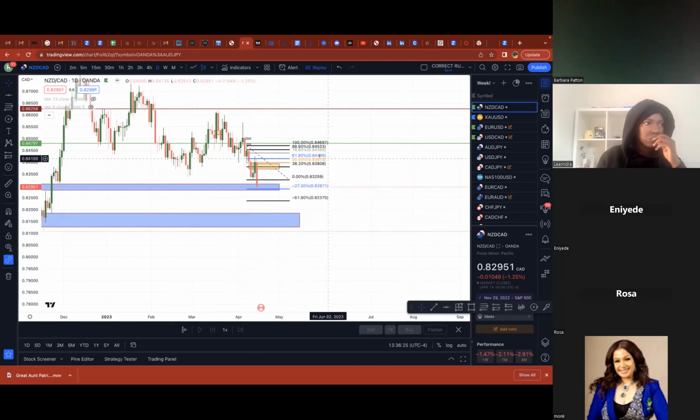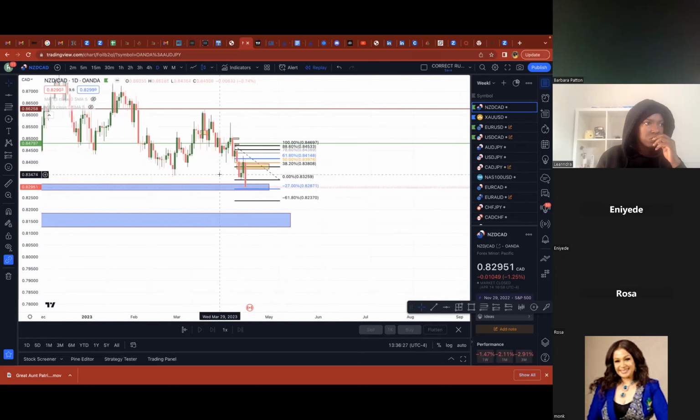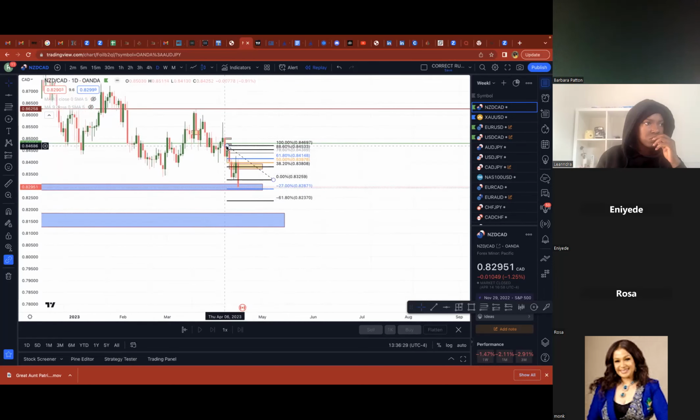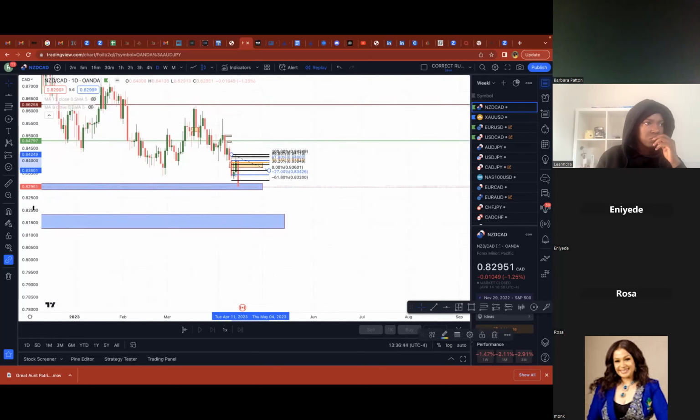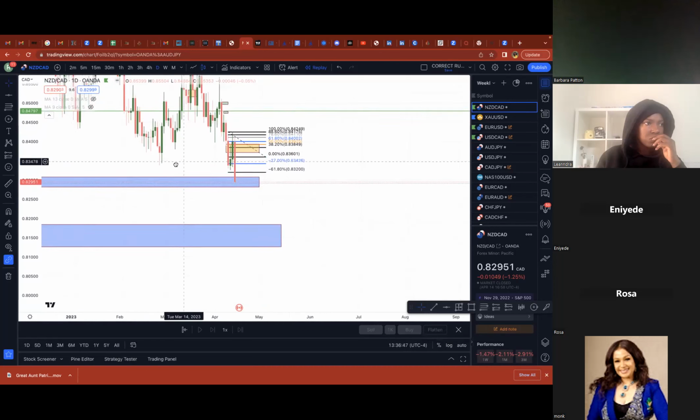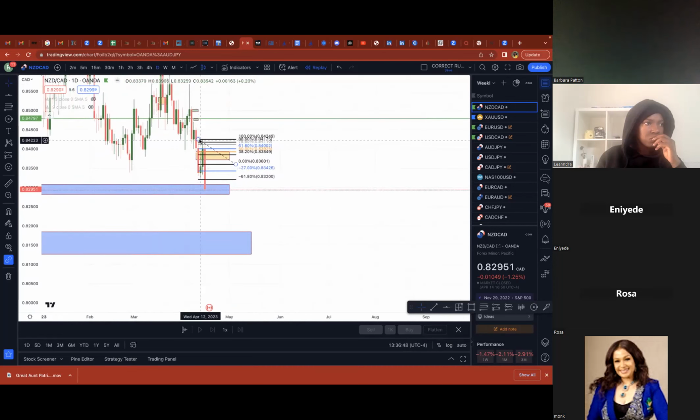So when price gives us our next daily candle of the retracement, we will move this. This was the fib for last week. So now that price has moved, we update our fib. Don't forget to change your fib.